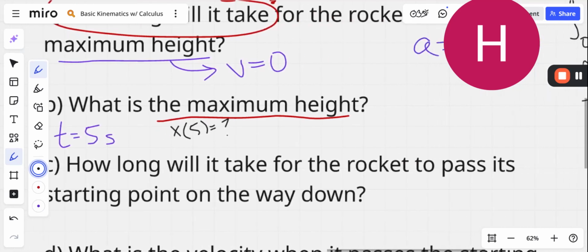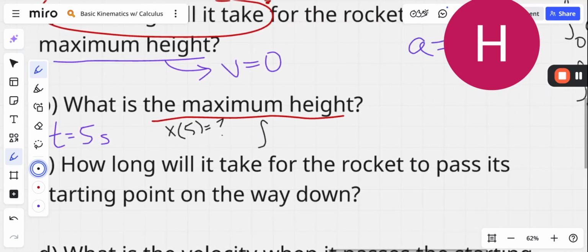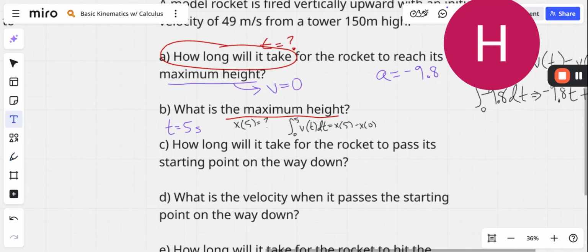So to get x of 5, I will realize that the integral from 0 to 5 of v is equal to x of 5 minus x of 0. And x of 0, which is the initial position, is 150. So let's make some space here.